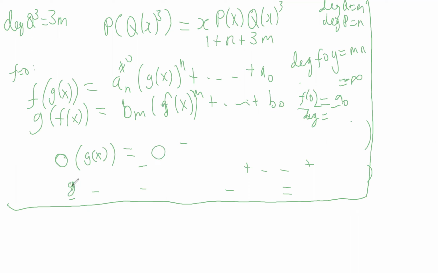And then you have also f of 0, which equals a0. So this is trying to say, I guess, that if it's just the product, it should be negative infinity times n equals negative infinity. Okay.